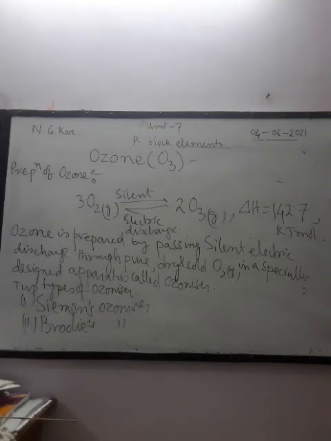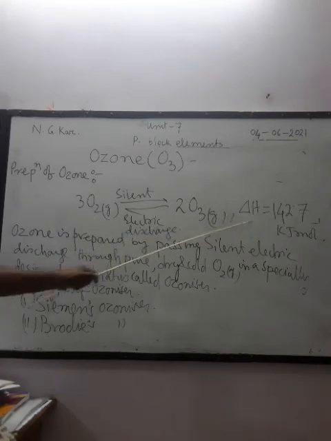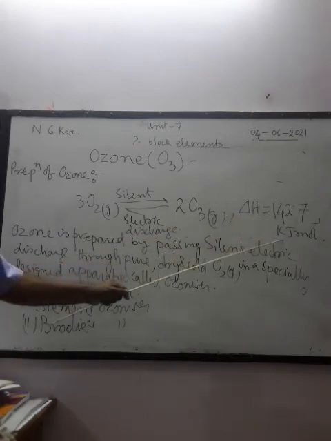For preparation of ozone, O3, the starting material is dioxygen. If we pass silent electric discharge through pure, dry and cold oxygen gas, then one part of it is converted to ozone. It is partially converted, not 100% converted, and the forward reaction is endothermic in nature.